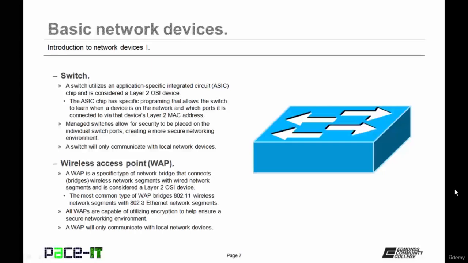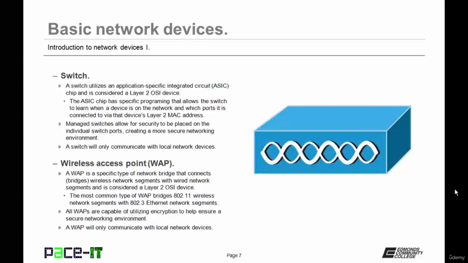Managed switches allow for security to be placed on the individual switch ports, creating a more secure networking environment. One caveat with switches, though: a switch will only communicate with local network devices. That means it cannot communicate with remote networks.